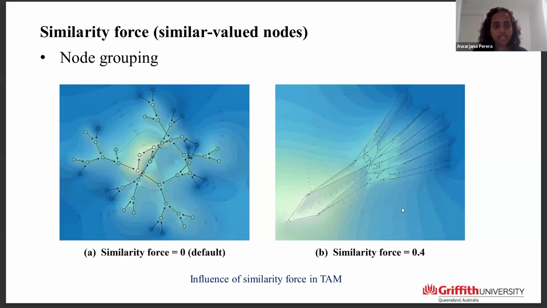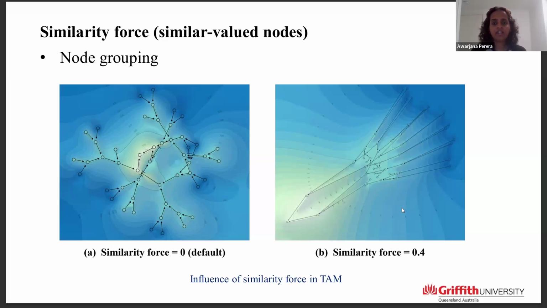The second force is called similarity force. Similarity force acts on the nodes that are similar in their values, and it is responsible for clustering the nodes and placing them in contours and color shades. Even for this force, if we slightly change the magnitude, the graph will change its shape. By default, the TAM tool maintains a similarity force of 0. If we slightly increase that, we can see how the nodes of a similar color are pulled towards each other.